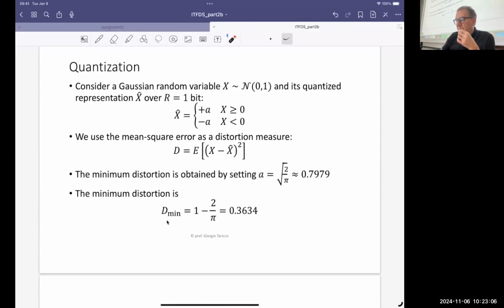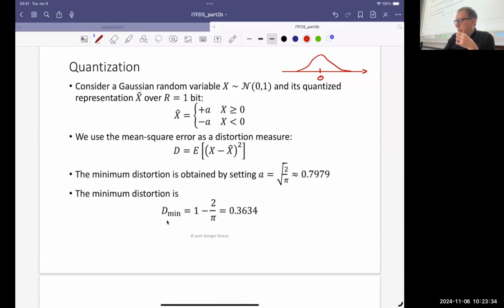You know that the Gaussian random variable with 0 mean and variance 1 has a distribution that more or less looks like this. It has a maximum in correspondence of 0, and it looks like a bell, and for this reason it's called a bell-shaped curve.